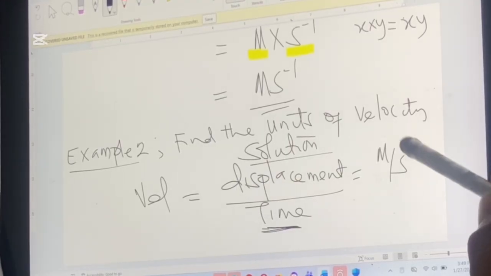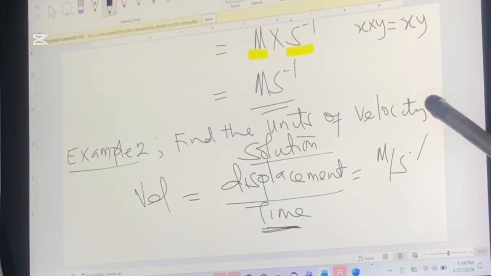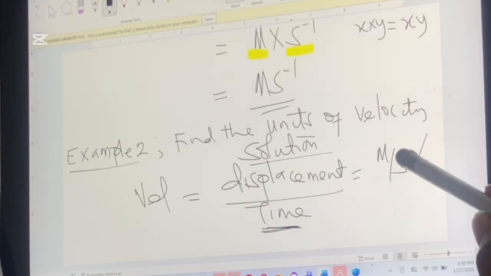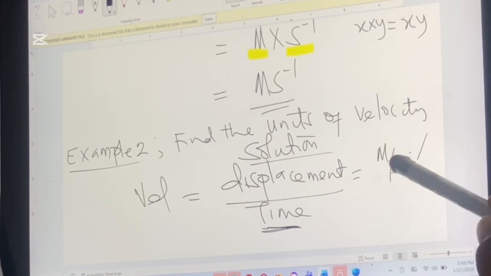So class, this is the answer, yes, but all units are always expressed in a linear form, not in a fraction. Please take note. So how do we express this in a linear form? It's already in fraction.